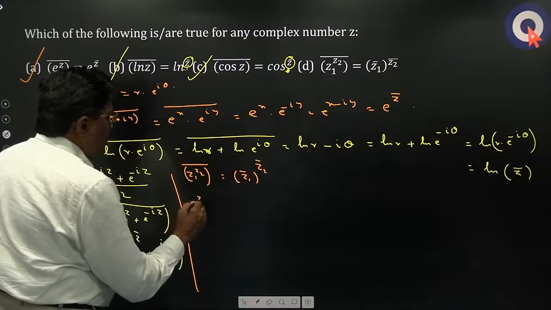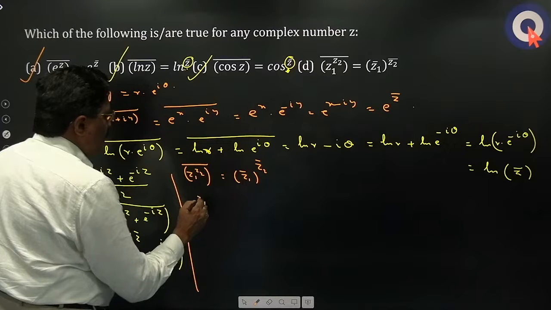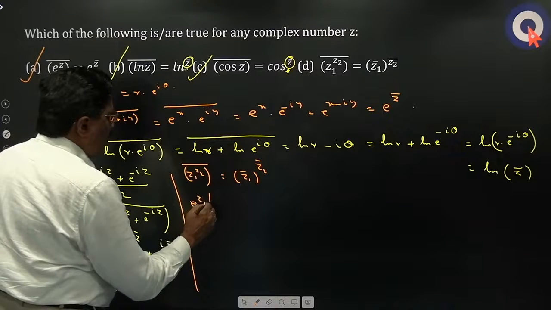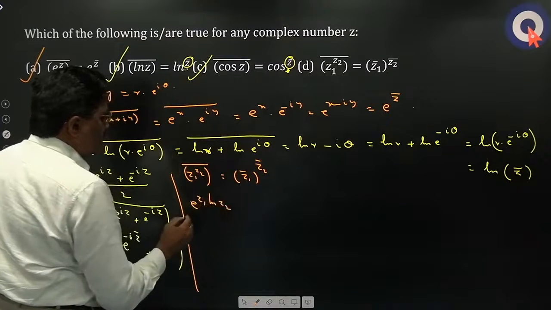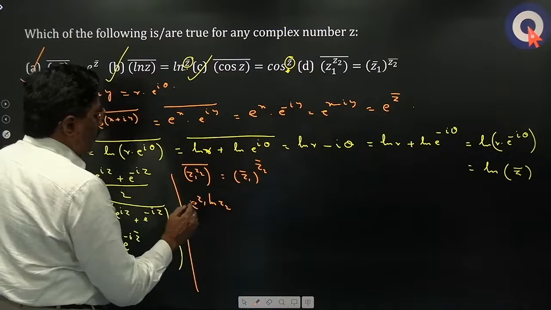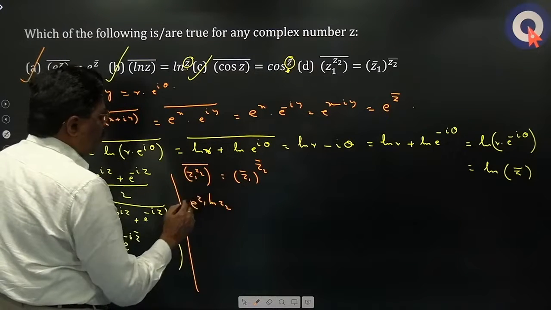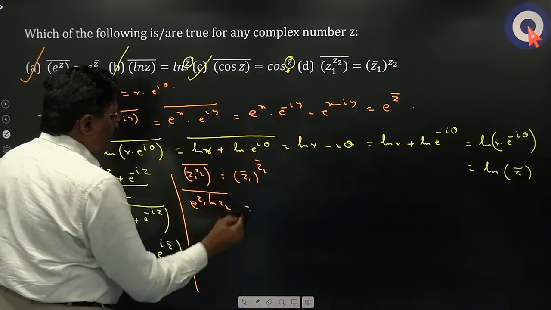I'll write z1 power z2 as e power z2 log z1, and take the conjugate of this.